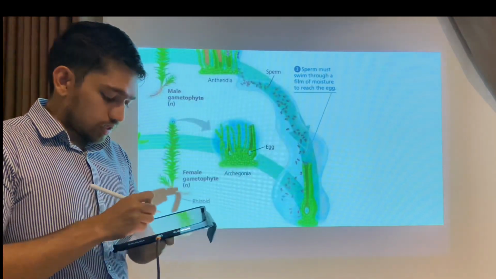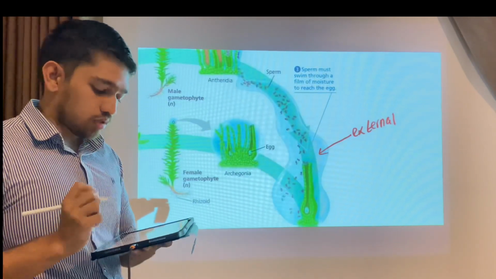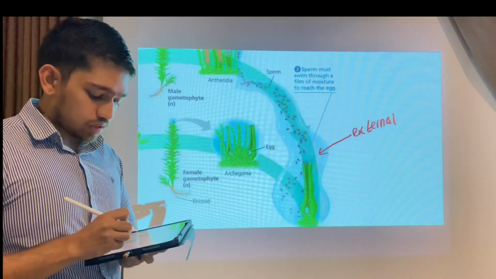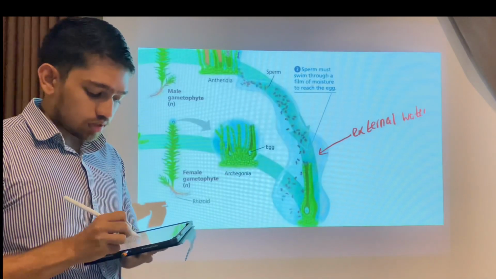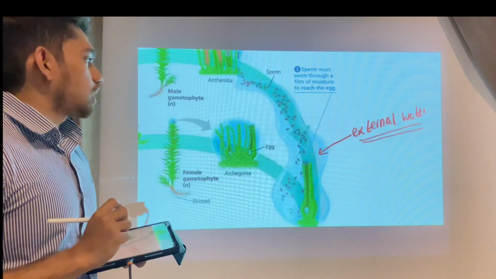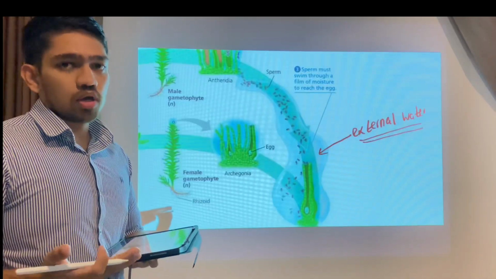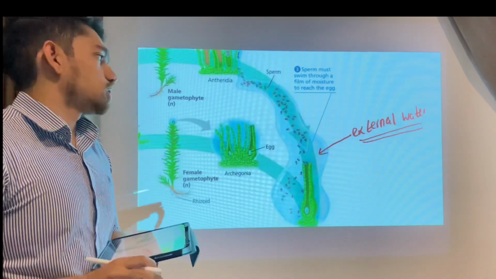This means this is what you can see. This is external water, right? External water, right? That is a unique feature, right? This dependence of sperm on external water for fertilization is a feature that will be lost with evolution. When we come to seed plants, this feature will be lost.